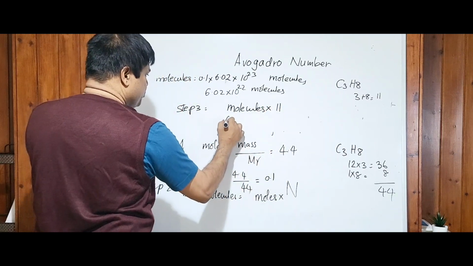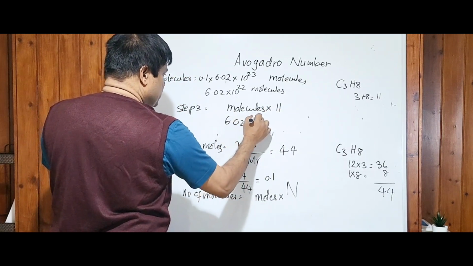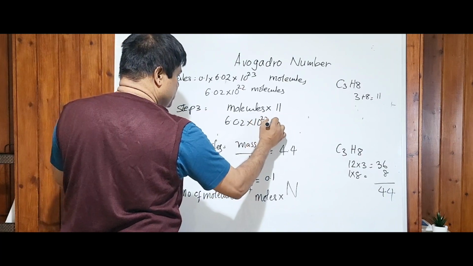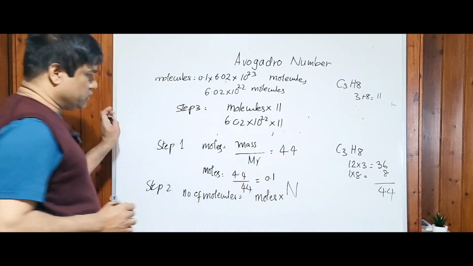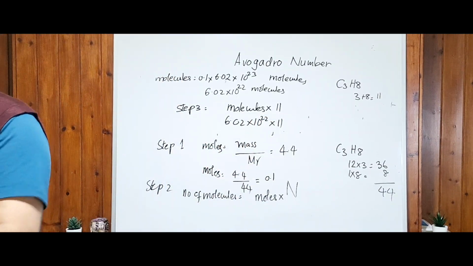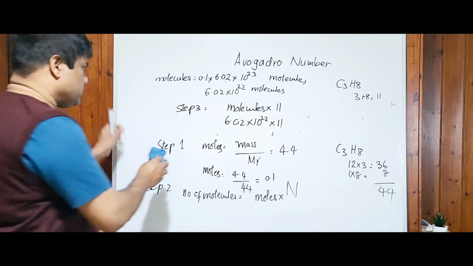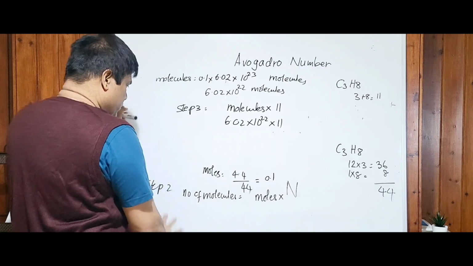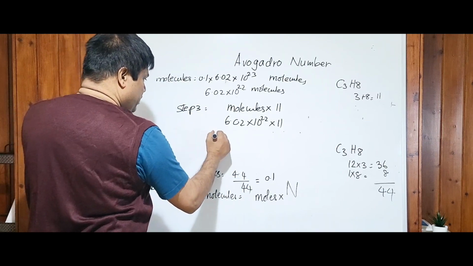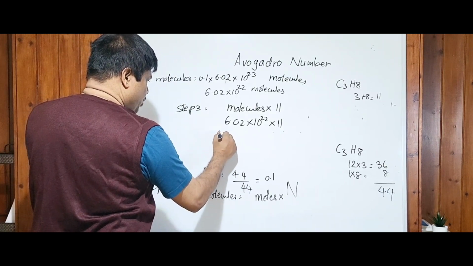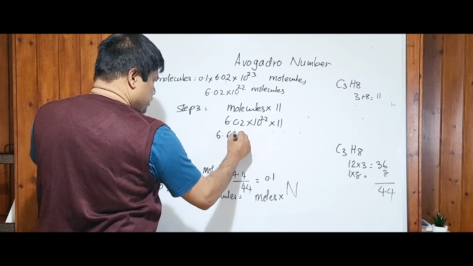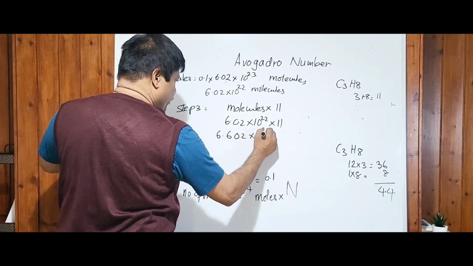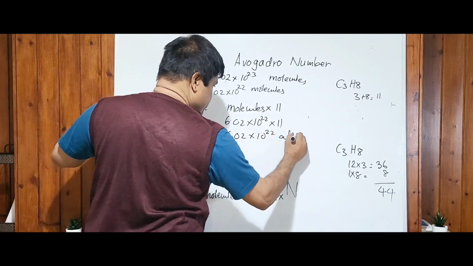So 6.02 into 10 to the power of 22 times 11. You can use your calculator. So the answer is 6.622 into 10 to the power of 23 atoms.